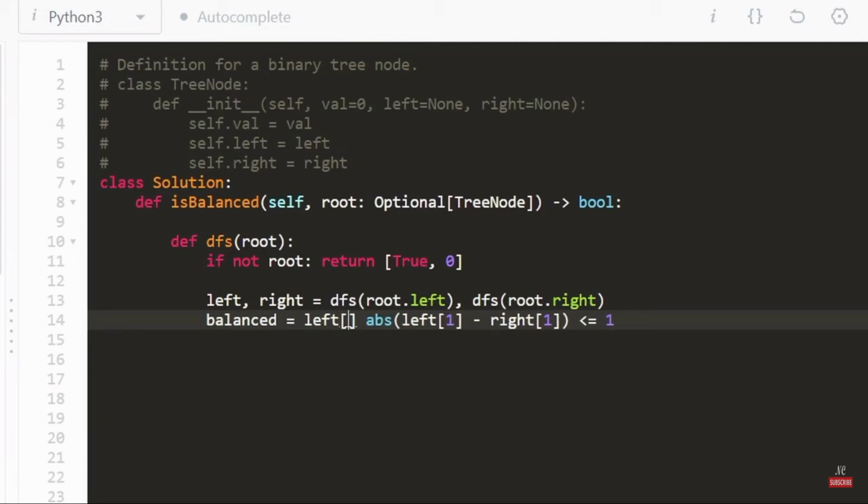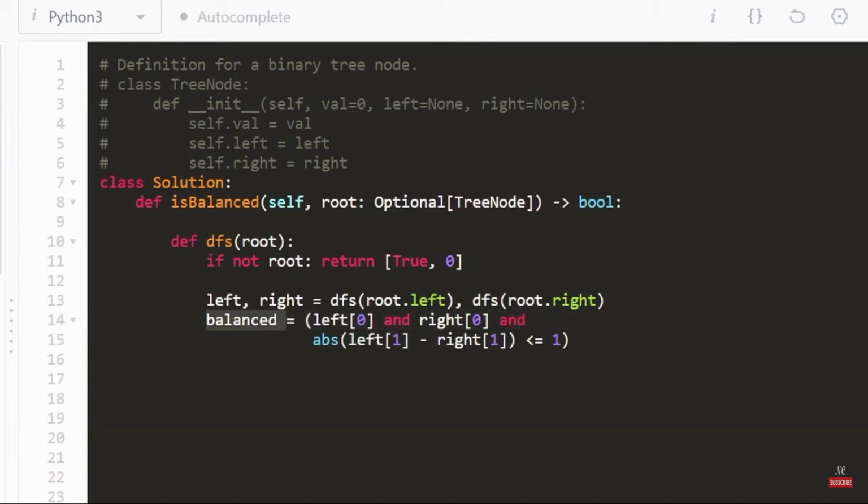We can determine that by taking the 0 index of left and the 0 index of right, and also this condition over here. Let me reformat it slightly to make it more readable. This balance is what we're going to be returning as the 0th index.